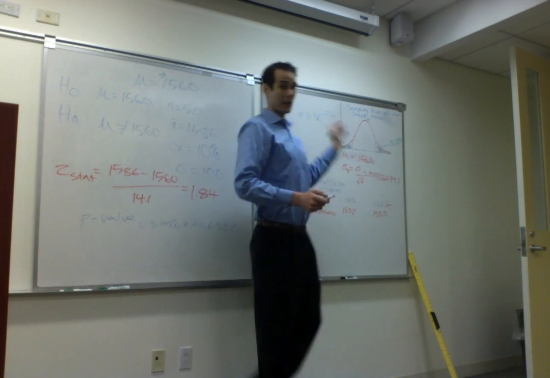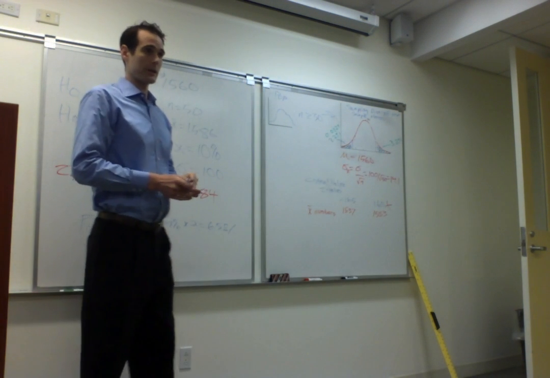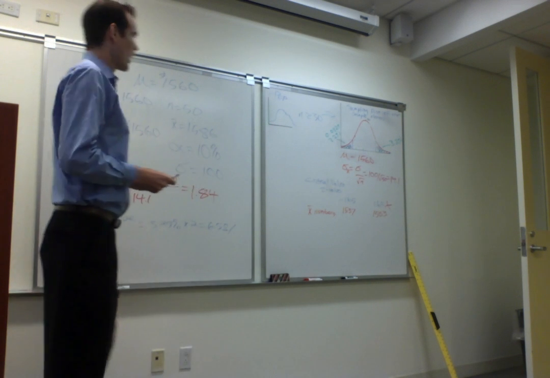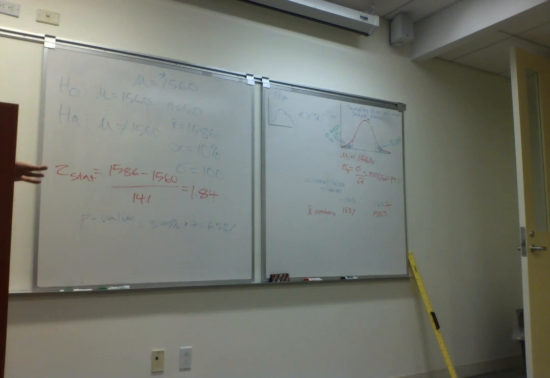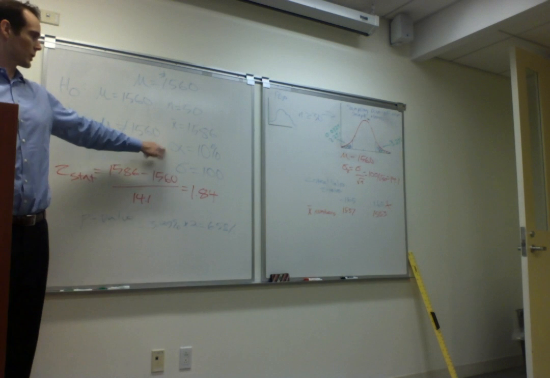That's why I like to look at the negative first. It's just easier to visualize. Okay, so we're going to stay with this example, and we're going to think about changing the significance level.